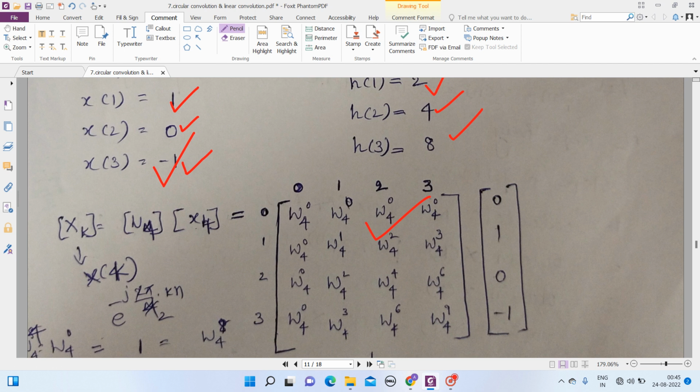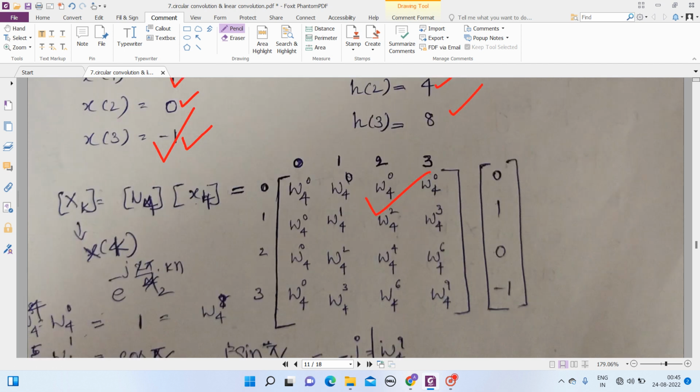By using x of n, I am going to determine the x of k using the matrix method DFT, right? This is solving the DFT using the matrix method. You know very well these are the twiddle factors. This is k, this is k, this is n. I will teach you only one row.